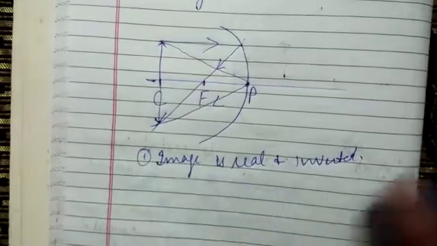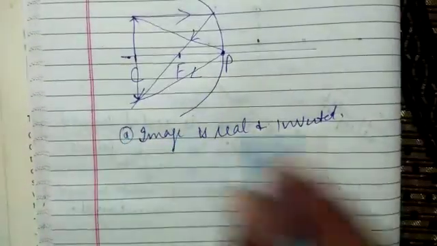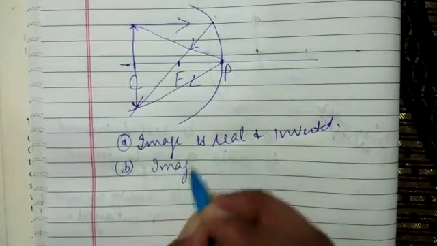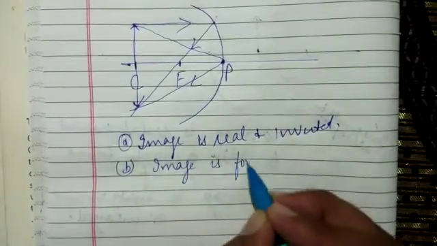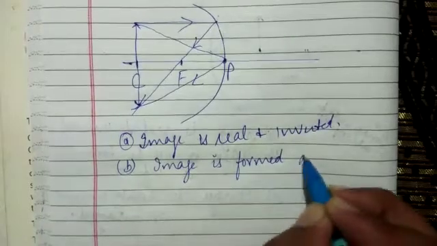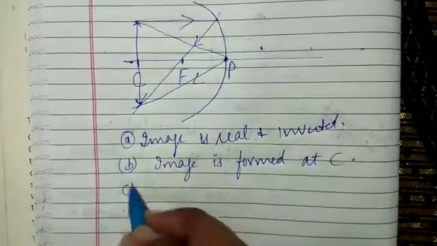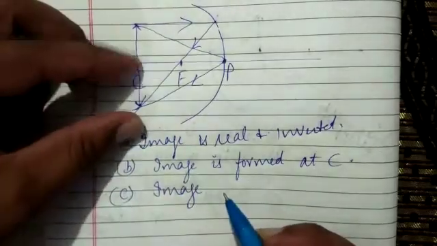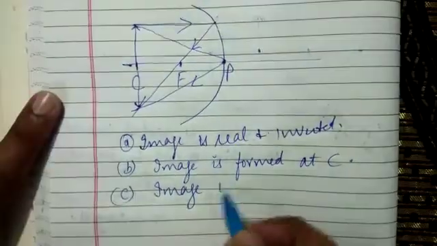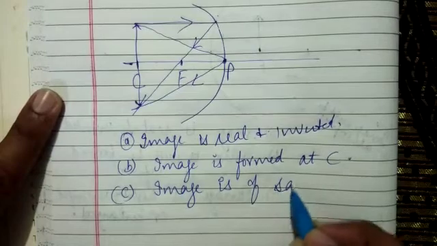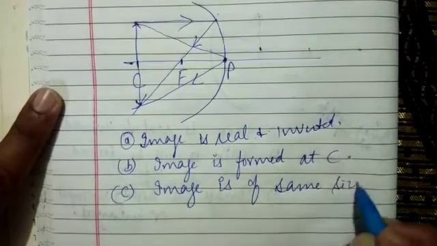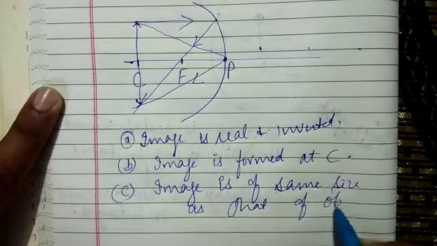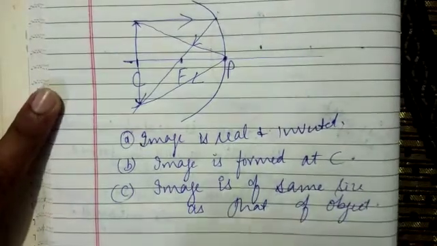The second part: the image is formed at C, that is the center of curvature. And the third part: the image is of the same size as that of the object. So this was your fourth case.